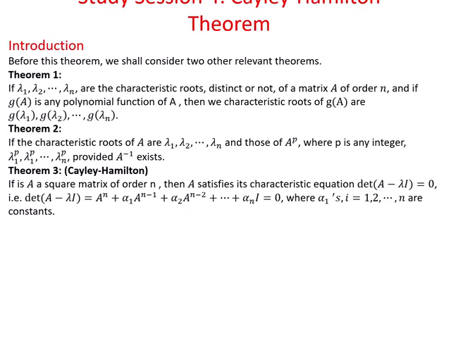That is, A raised to the power n plus alpha 1 A raised to the power n minus 1, plus alpha 2 A raised to the power n minus 2, plus up to alpha n I equals 0, where the alpha i, for i from 1 to n, are the constants, that is, the coefficients.